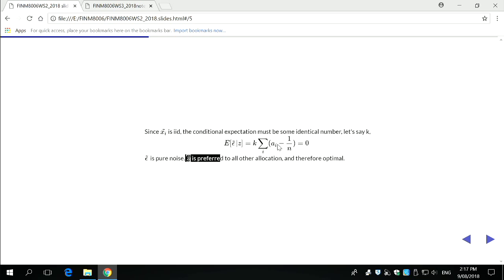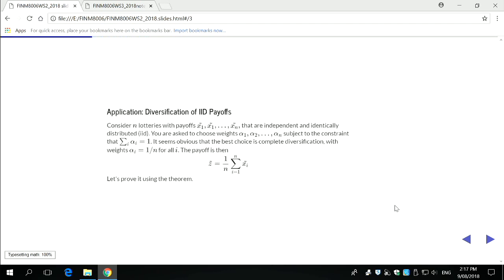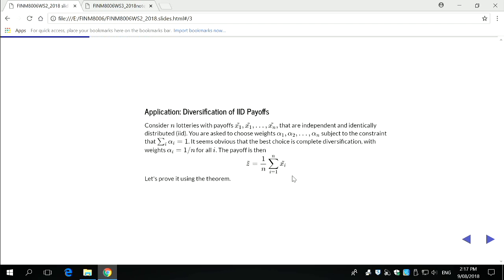As long as your allocation is not 1 over n, it will always be less preferable than 1 over n. So we show that under IID conditions, the equally weighted portfolio actually gives you the best payoff.